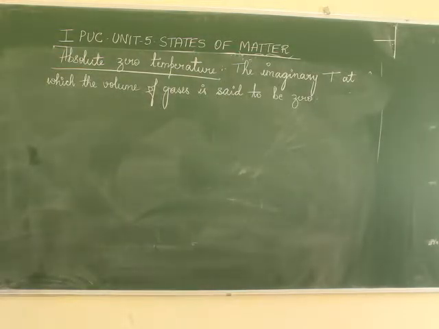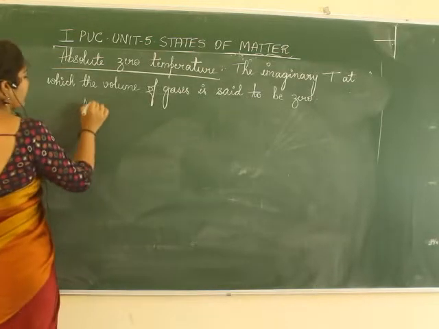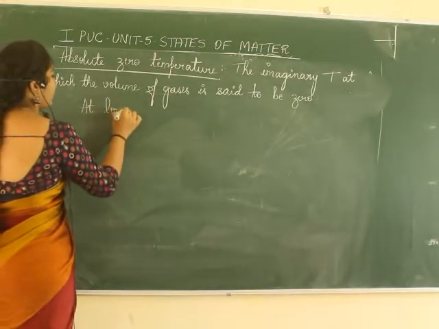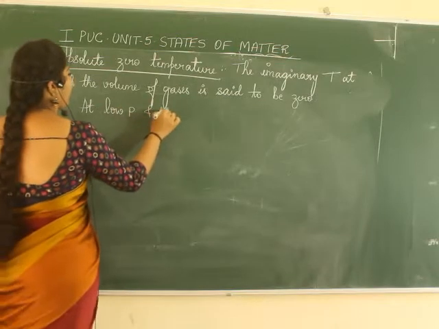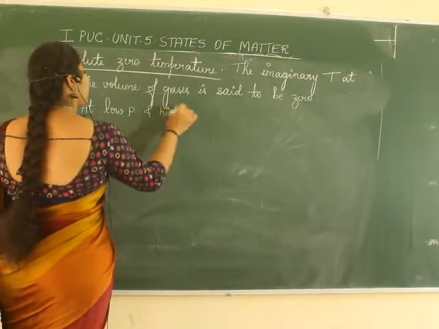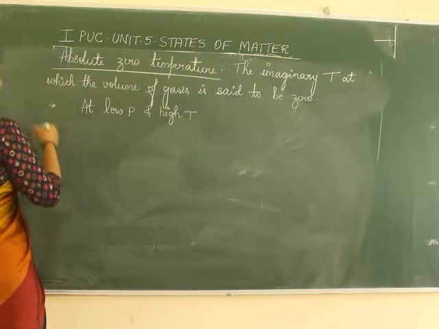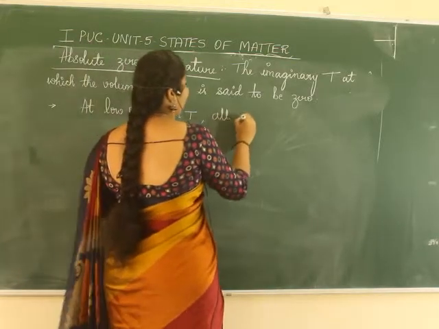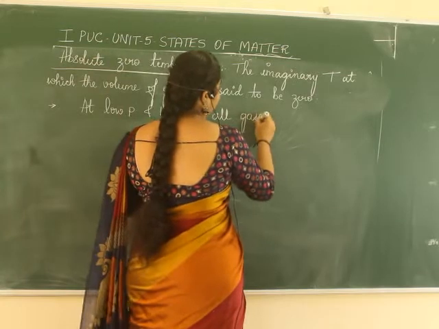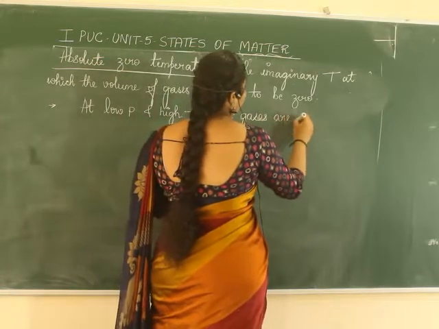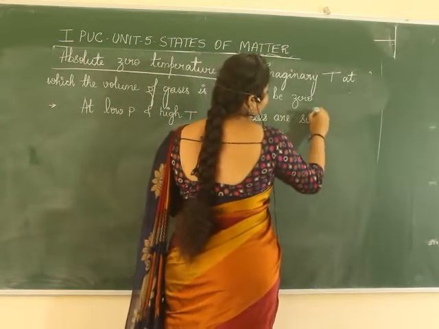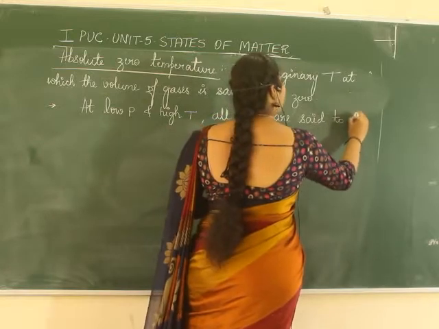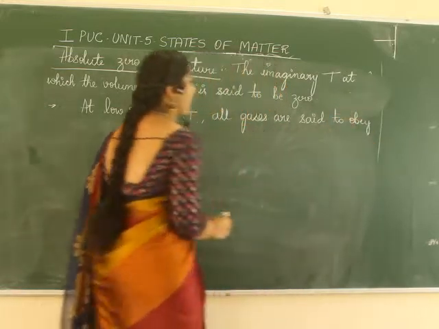All gases obey Charles' law at low pressures and high temperatures. This is a point, okay? Note: at low pressure and high temperature, all gases are said to obey Charles' law.